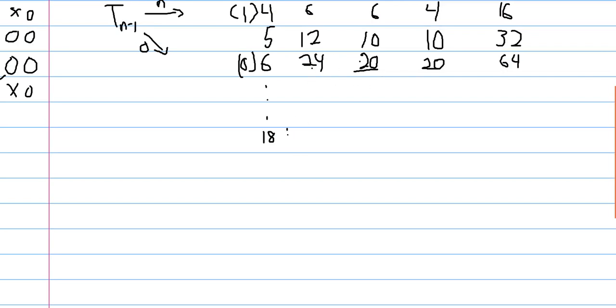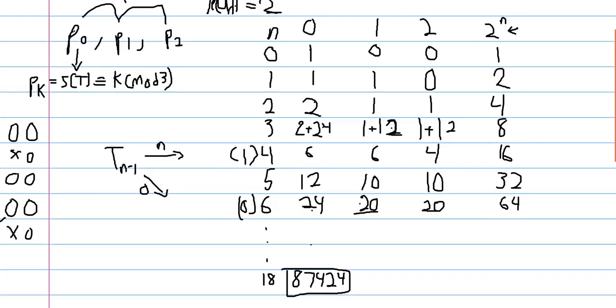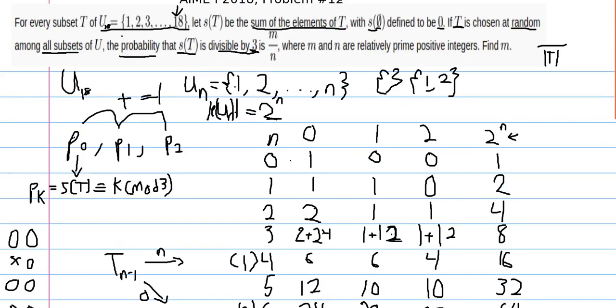But once we get to 18, we only care about what's in this box. And what's in this box is 87424.